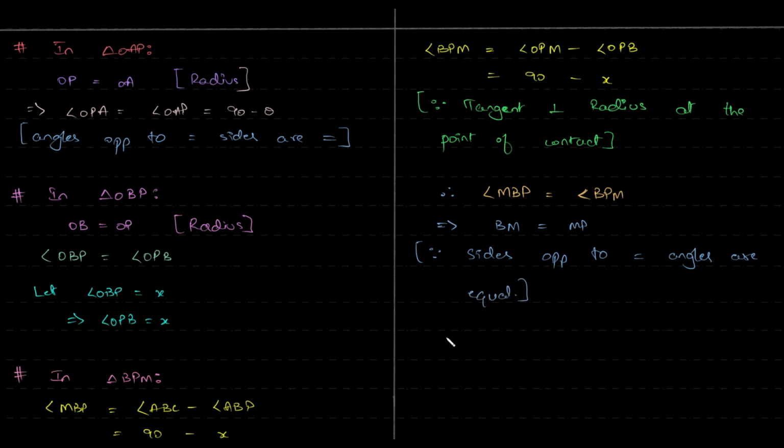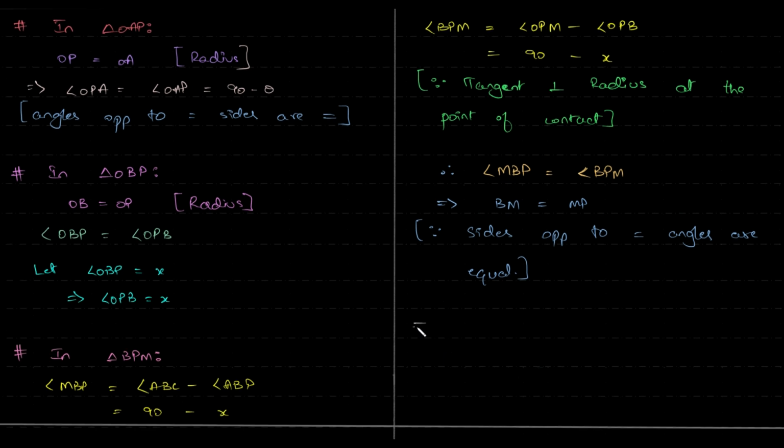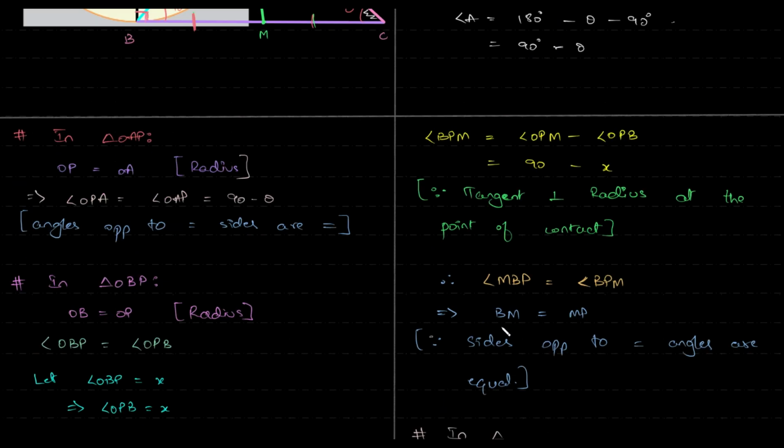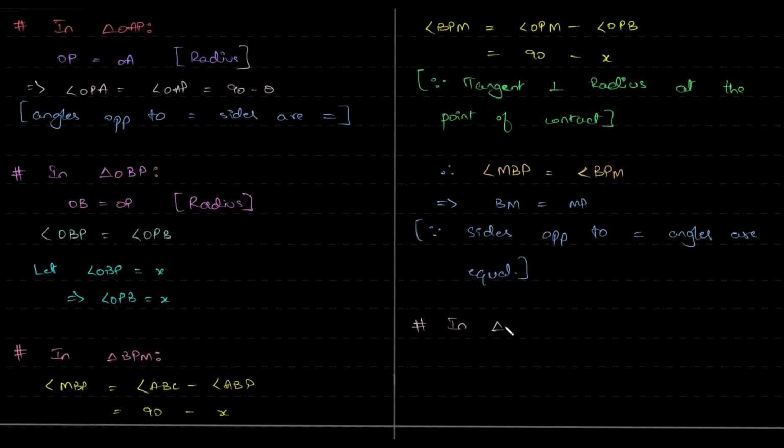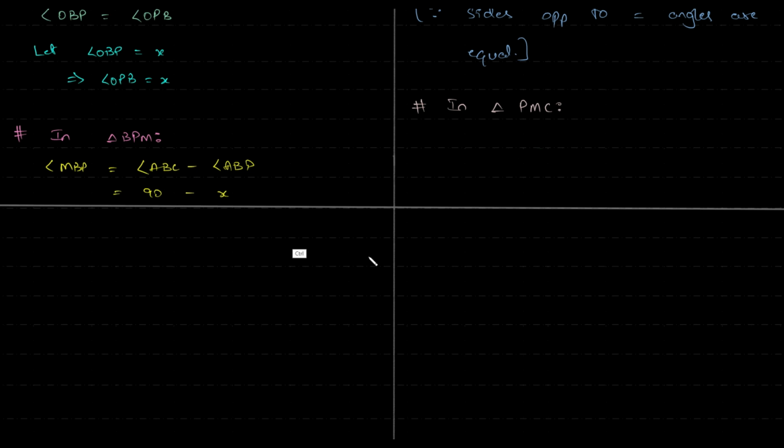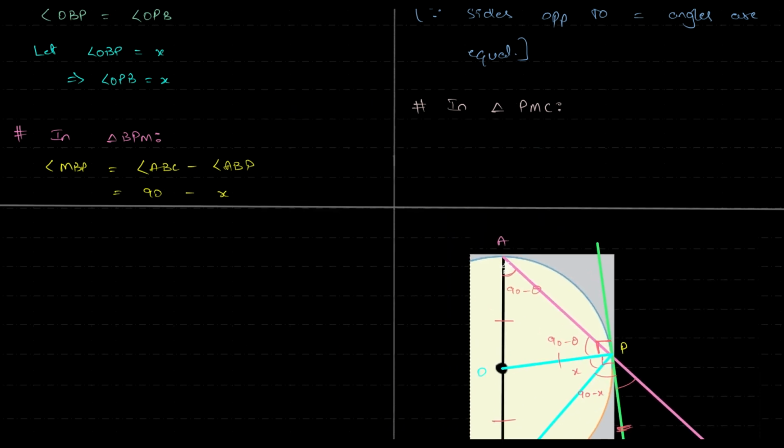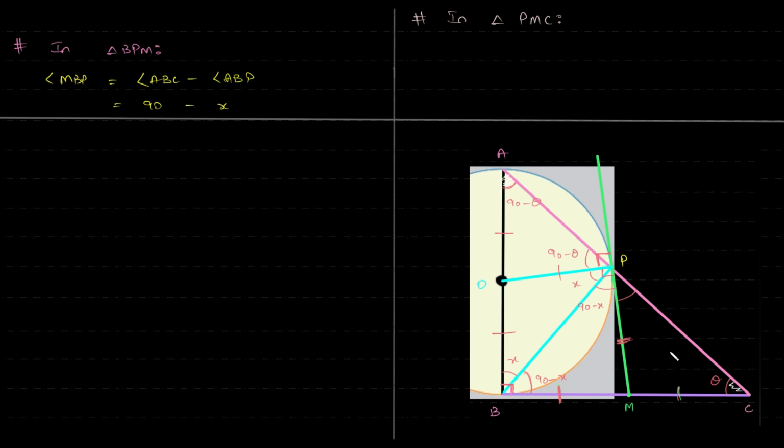And then on to the other triangle. So what do we have? In triangle PMC. Okay. So we need the diagram again actually. What are we looking at? Here we have to take up the angle MPC. So let me consider angle MPC. Angle MPC is equal to 180 degree minus angle BPM, agree?